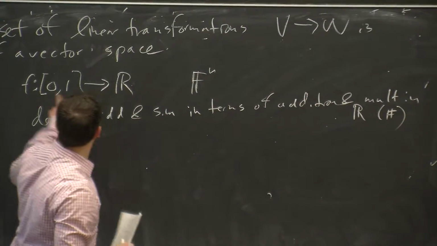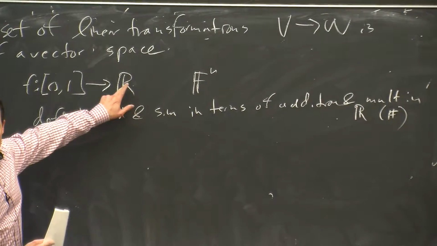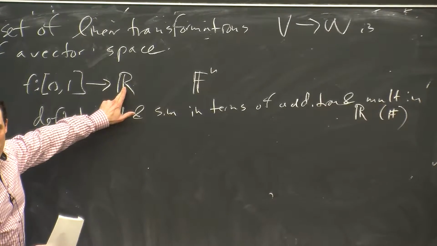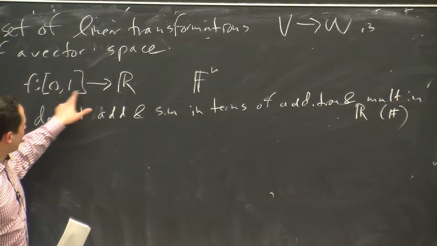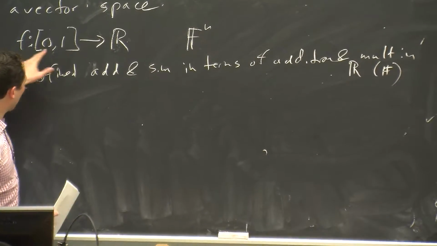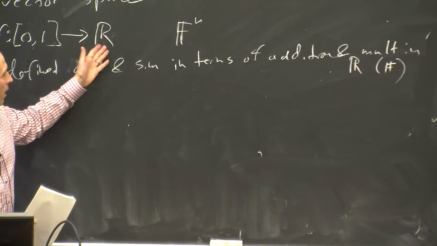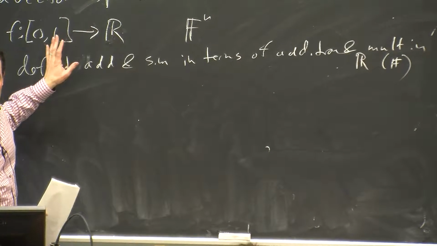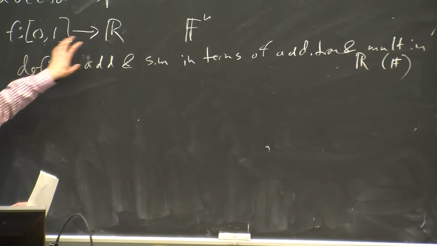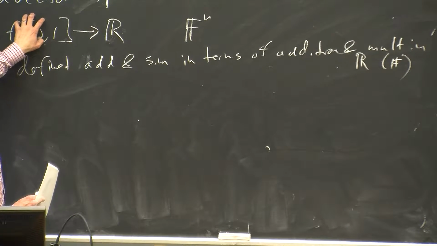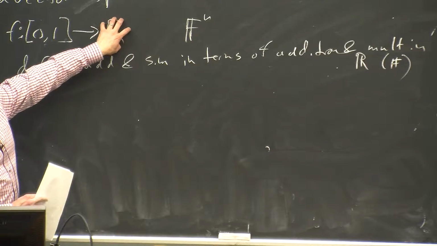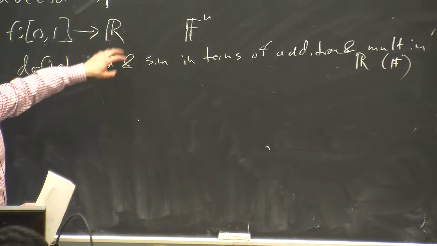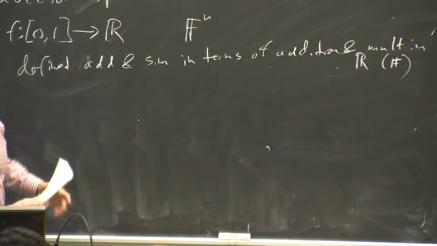If we wanted to add two functions, we just added them pointwise using the fact that we know how to add in R. If we wanted to multiply a scalar times a function, we multiplied pointwise, the scalar times the value of the function at any particular point. That was the definition we made, right? We sort of induced the addition and scalar multiplication structure here from what we knew about how to do operations here. So we're going to do the same thing with this, right?